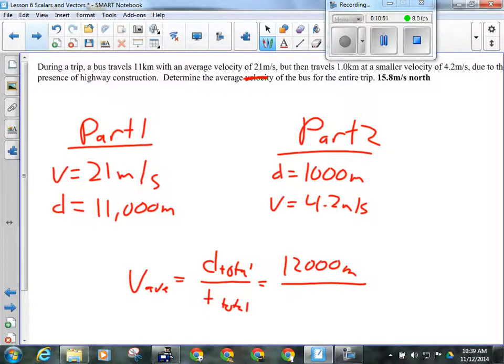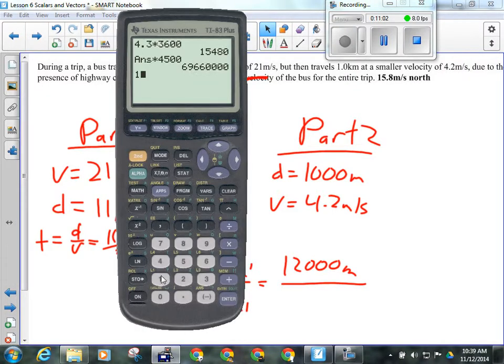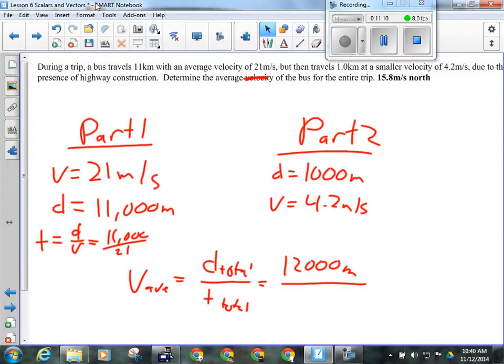Yes, I just have to do t equals d over v for both of them. So 11,000 over 21 gives us 523.8 seconds, plus whatever the time for part 2 is. For part 2, same idea, t equals 1,000, the distance, over the speed, 4.2.